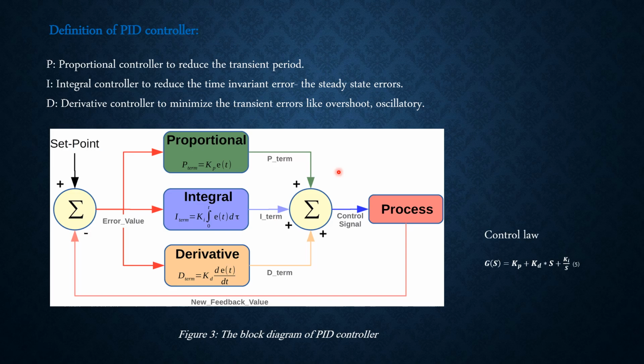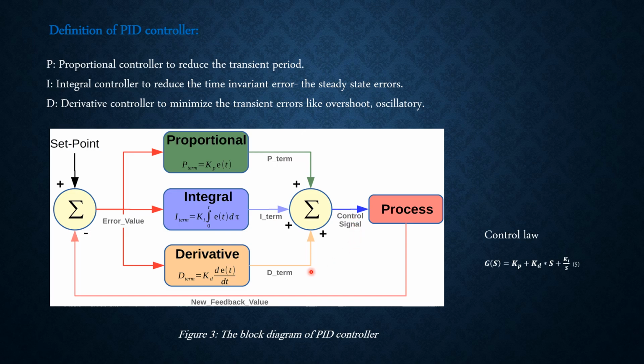And now, moving toward the definition of the PID controller. The heart of the control system lies in the proportional integral derivative, or PID controller, which continuously corrects the error between the desired speed input and the actual speed output of the motor.